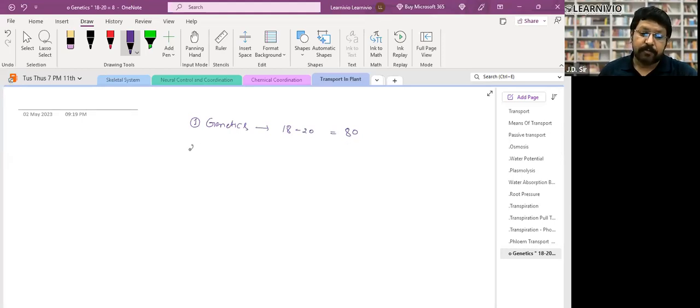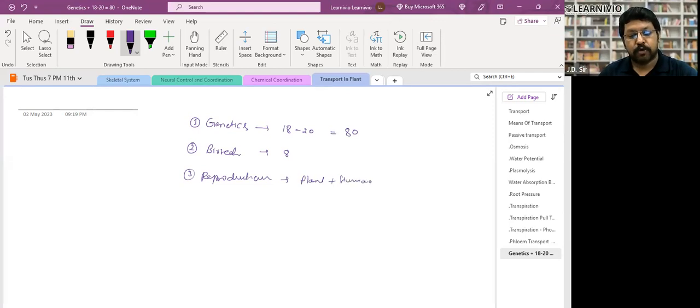Then second number after genetics comes biotechnology. From the biotech part you will get almost 8 questions. Then which part is very important? Then comes reproduction. When I say reproduction, we include both plant reproduction and human reproduction, plus reproductive health.